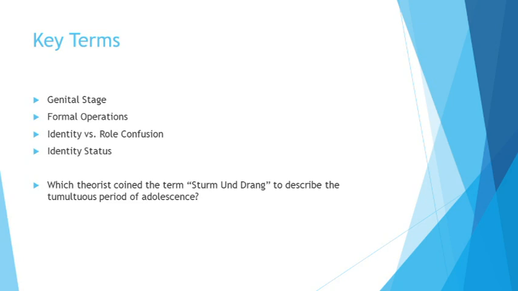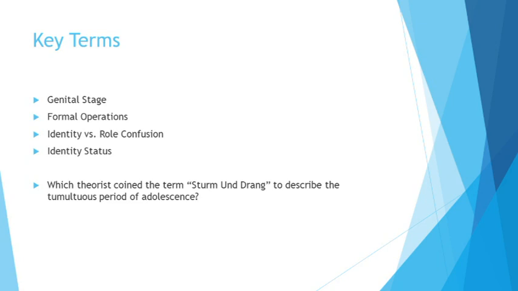And then finally, identity status, where James Marcia kind of breaks down that whole journey of identity into what status, in what way are you resolving that question? And he identified 4 possible states. Identity diffusion, where you aren't really engaging.